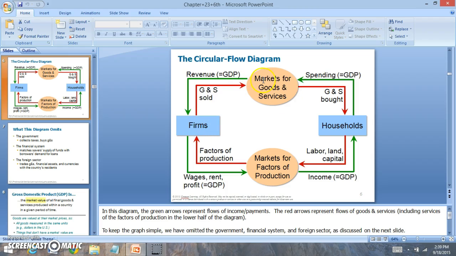That's where firms supply goods, households buy things. The market for the factors of production is where households supply the land, labor, and capital, which are the factors of production. Firms pay for those factors of production, and they make factor payments. So the money households earn in this market, they use to spend in this market.